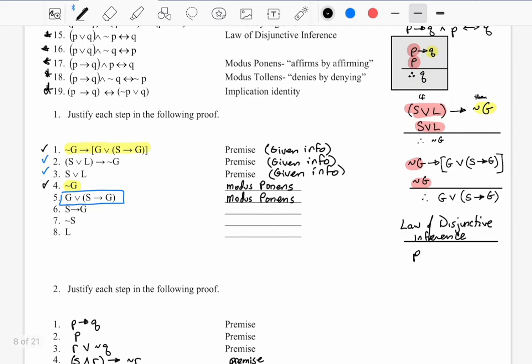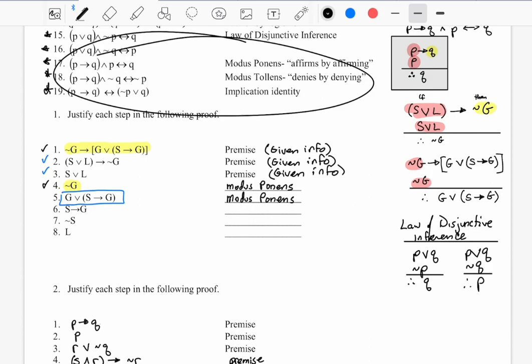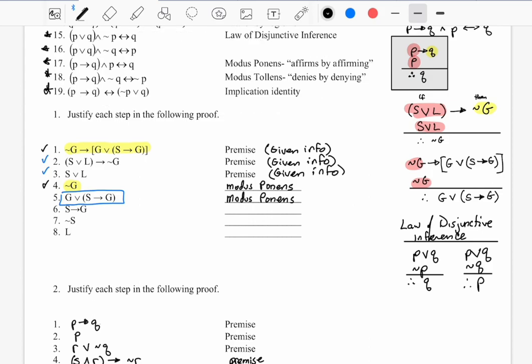If we have P or Q and not P, the result is going to be Q. But there's another variant of this: P or Q and not Q will give us a result of P. Those are the laws as they're written up here. What I want to do is see how that ties together with the example that we're working on here.